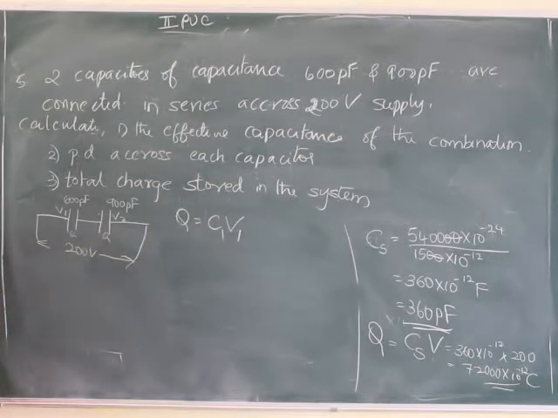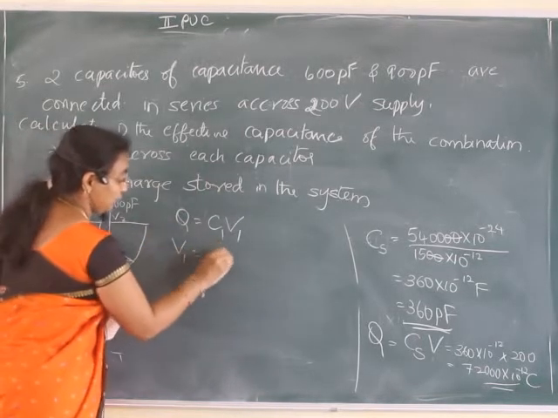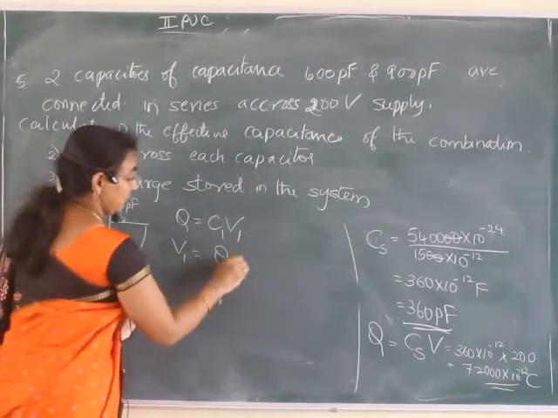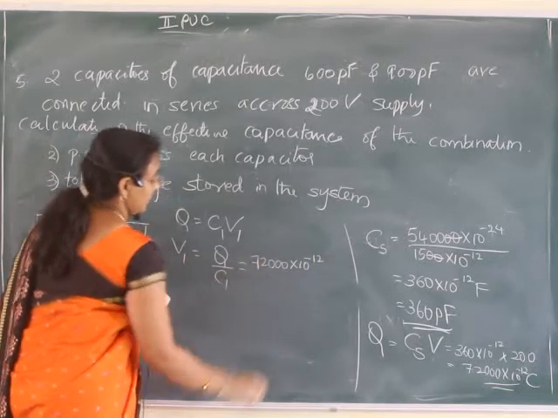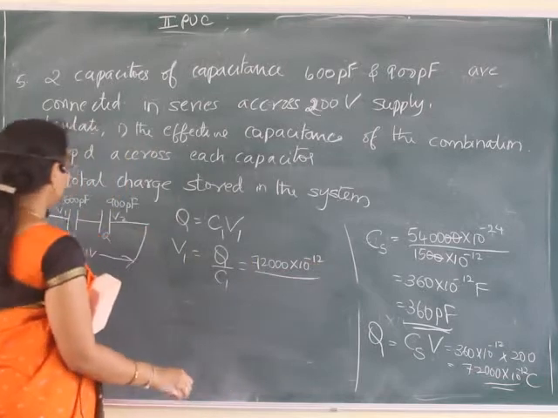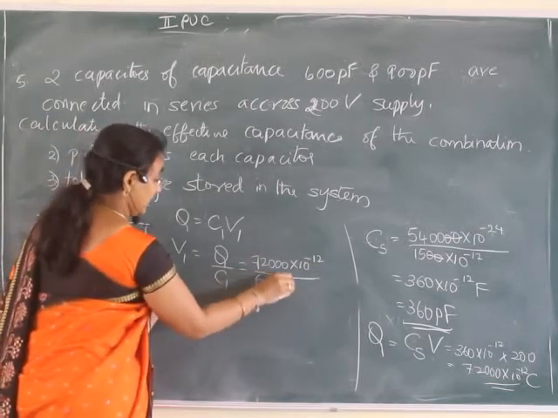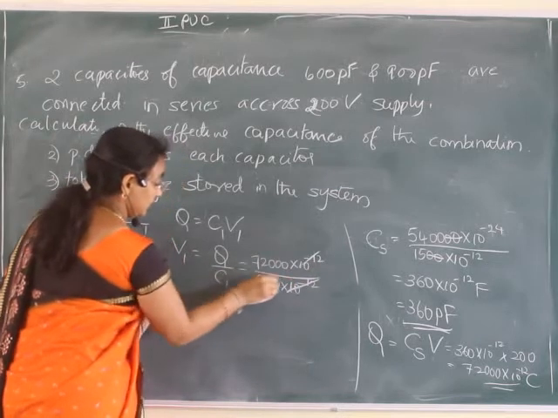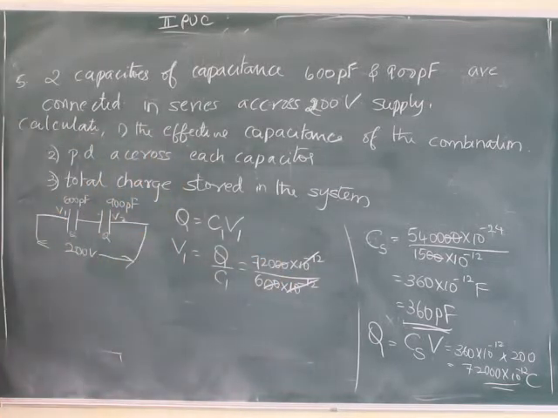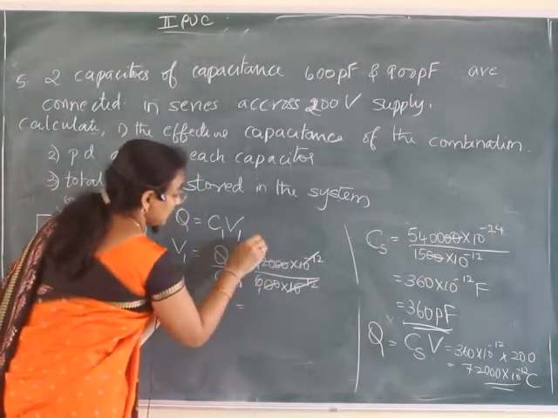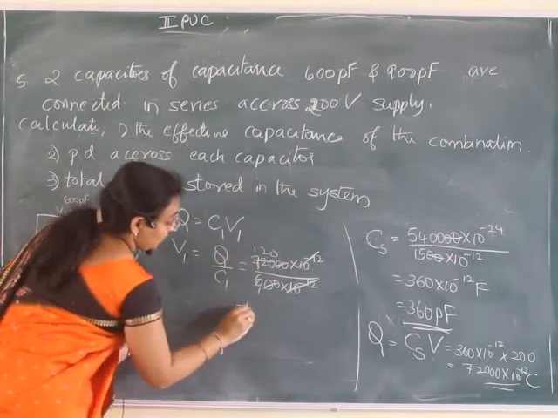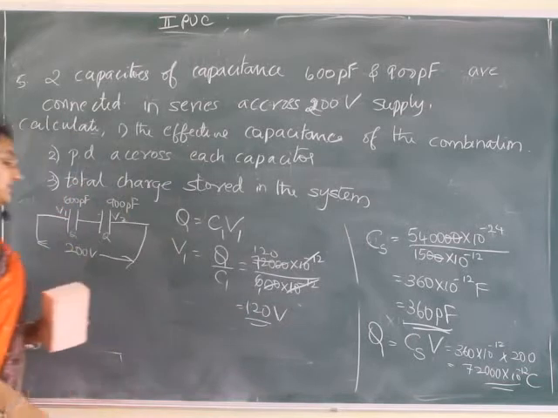Can't we calculate V1? Yes. V1 is equal to Q by C1, so 72,000 into 10 to the power minus 12 divided by 600 into 10 to the power minus 12. What is the answer? Is it 120 volt? 6 ones are 6, 2s are 12. 120 volt, correct?